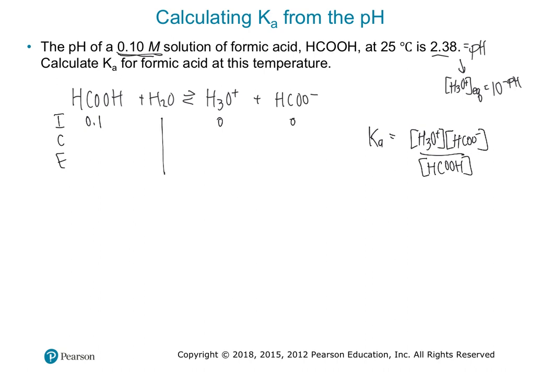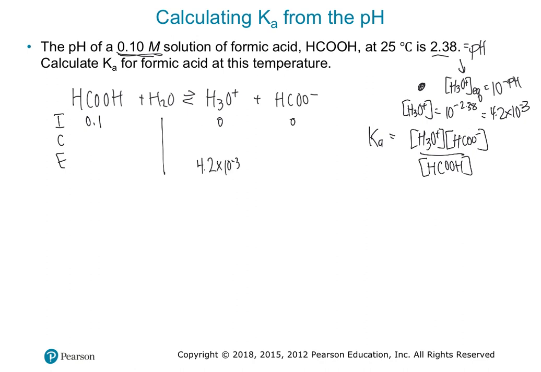Now I can find my hydronium concentration from doing what we did over here, 10 to the negative pH. So hydronium is 10 to the negative 2.38, which is 4.2 times 10 to the negative third molar. That's what I have here for hydronium at equilibrium.